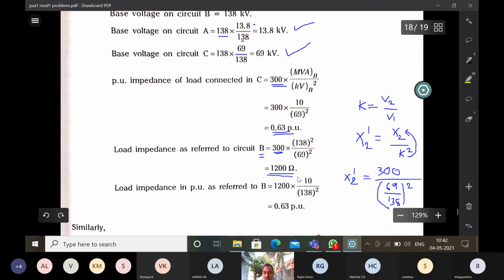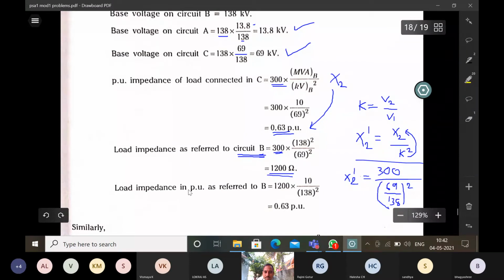So now you convert into per unit. In the previous case, X2 was directly converted into per unit. But in this case, it is referred to circuit B, so we need to convert to the B circuit. The load impedance converted to B circuit through this formula is 1200.